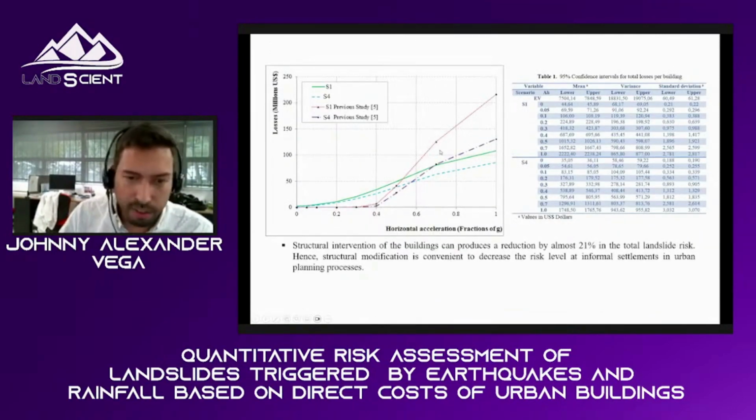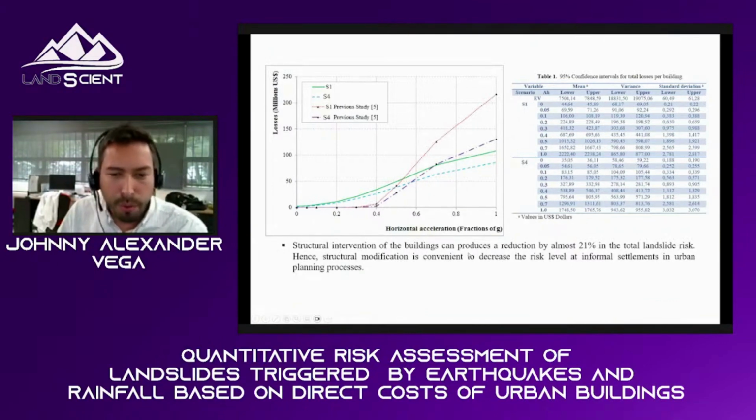In this slide, you can see how the structural intervention of the buildings can produce a reduction of almost 21% in the total landslide risk. Hence, a structural modification in buildings is convenient to decrease the risk level at informal settlements in the urban planning process.